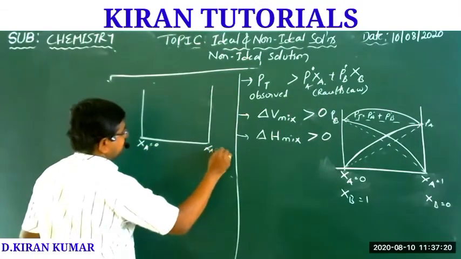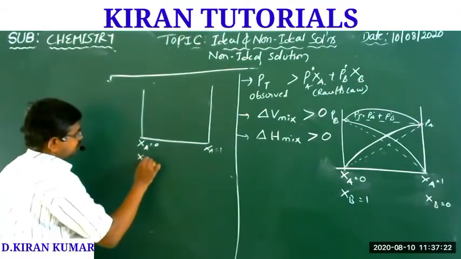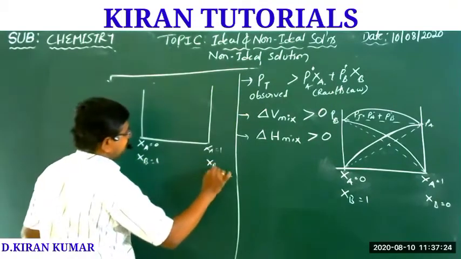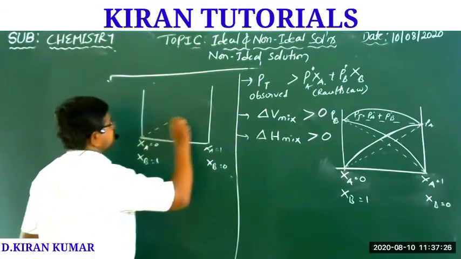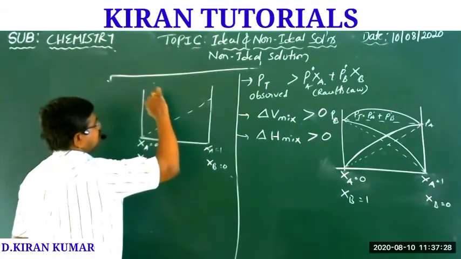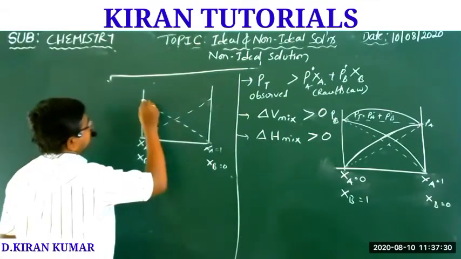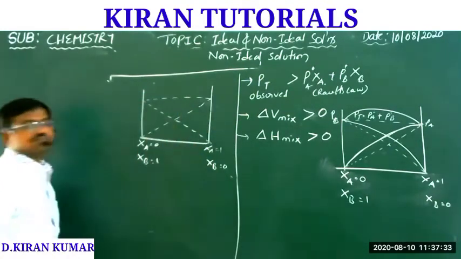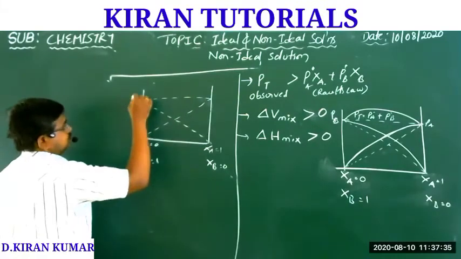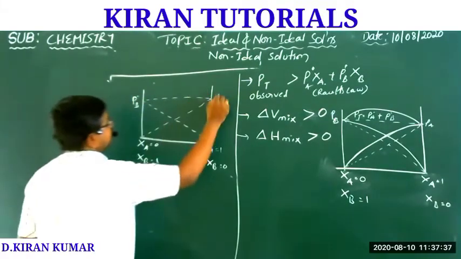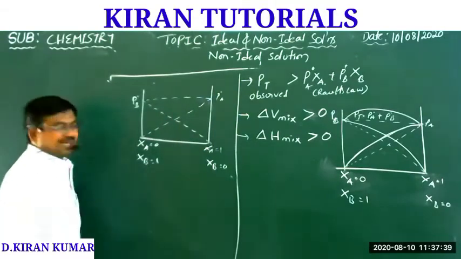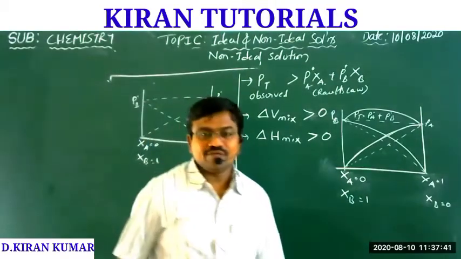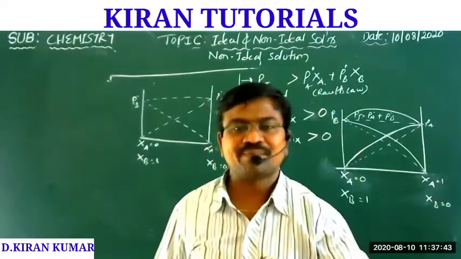Mole fraction of A is equal to 1. Mole fraction of B is equal to 1. Mole fraction of B is equal to 0. This is the partial pressure of B. This is the partial pressure of A. But negative deviation means less than predicted.